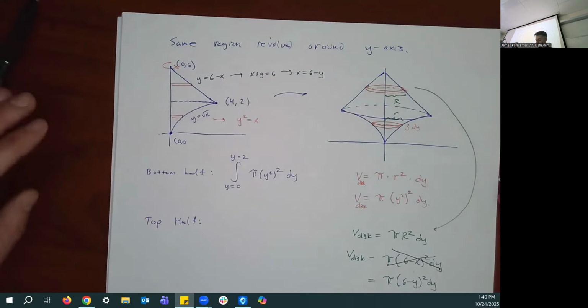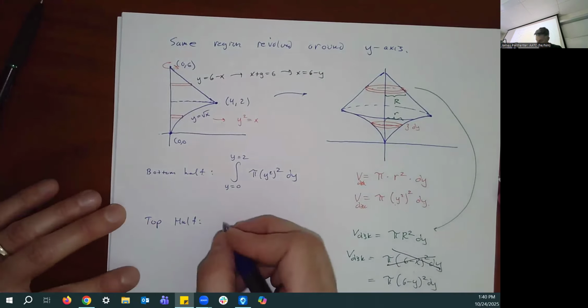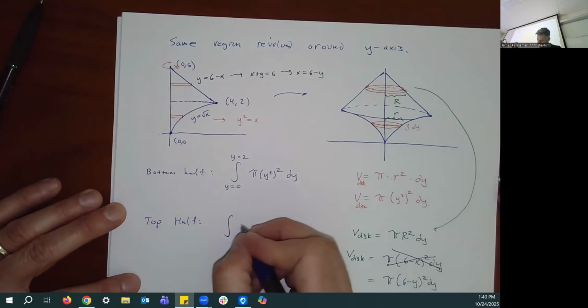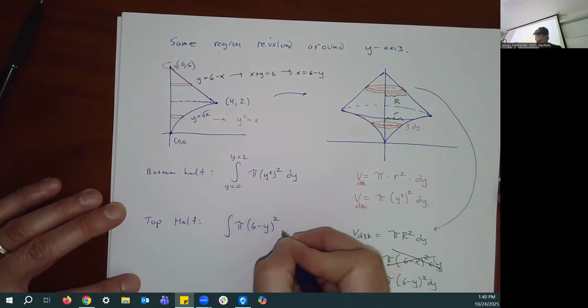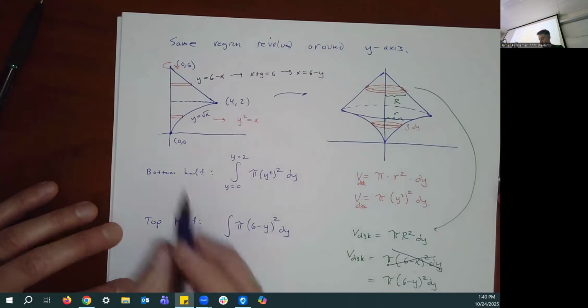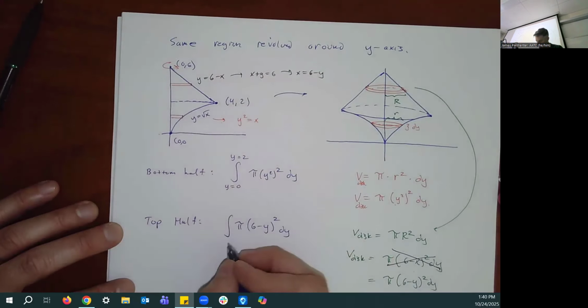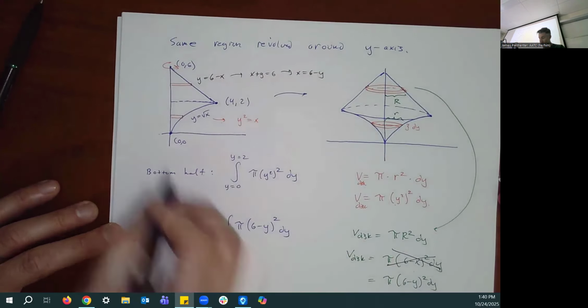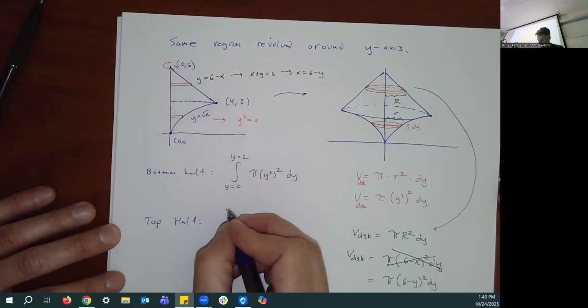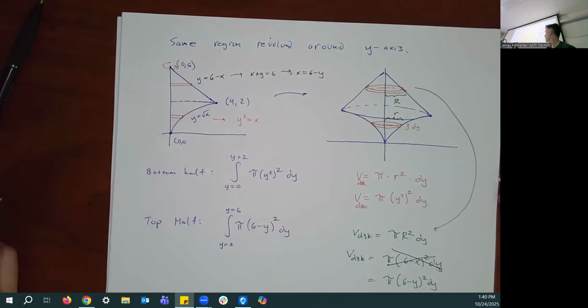So the top half volume would be the integral of pi times 6 minus y quantity squared dy, going as low as y equal to 2 and as high as y equal to 6. Then for the total volume, you add them together.